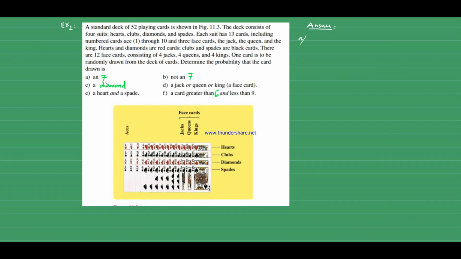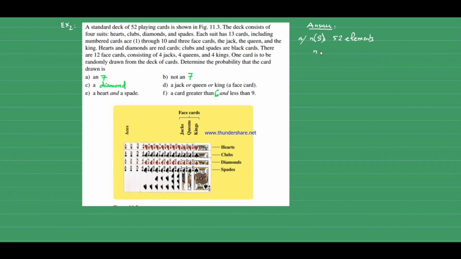So we have 7 king. So totally we have 52 of them, right? So we know the sample space. The sample space has 52 elements, so the cardinality of the sample space set is 52.